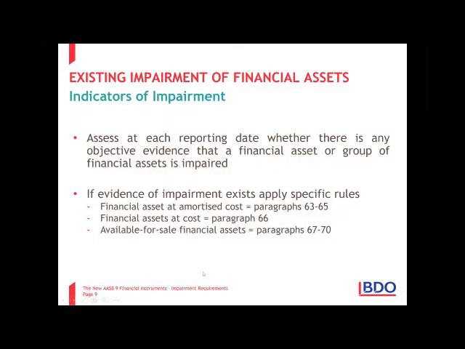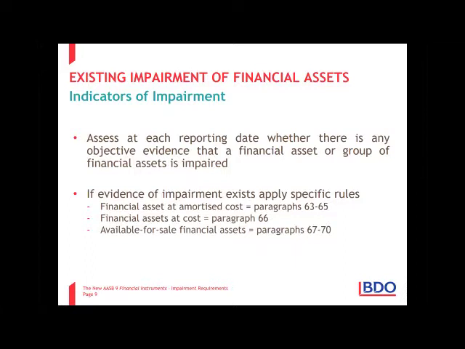So the indicators of impairment outlined in AASB 139 say that at each reporting date, the entity has to assess whether there's any objective evidence that a financial asset or a group of financial assets is impaired. The indicators of impairment in AASB 139 are very different to the indicators of impairment in AASB 136 for non-financial assets.